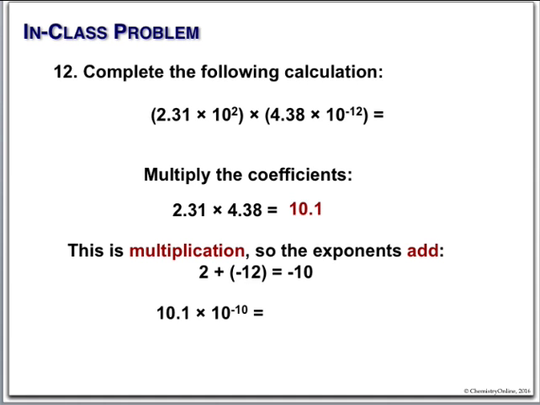So that means we're moving to the left here, 1. When we move to the left, that's a positive, isn't it? So instead of 10 to the minus 10, we move it 1 to the left, it's a 10 to the minus 9.